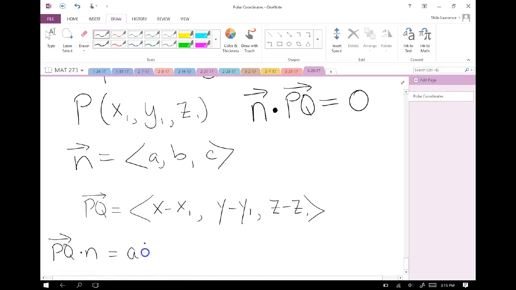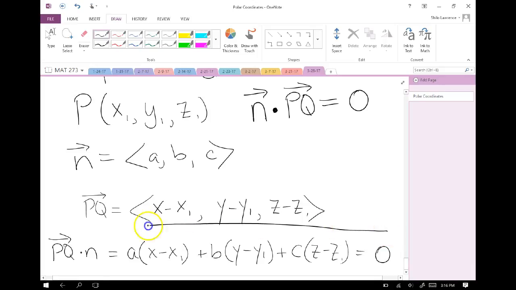So this is going to be a times (x minus x sub 1) plus b times (y minus y sub 1) plus c times (z minus z sub 1). And according to properties of dot product, that should equal 0. This is standard form. And if we were to go ahead and work out our algebra on that, it would be general form.